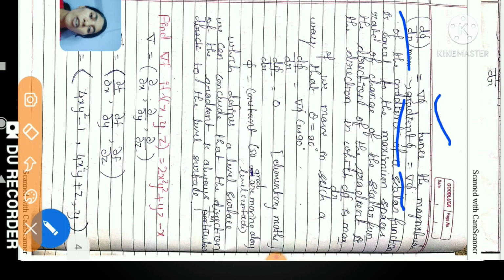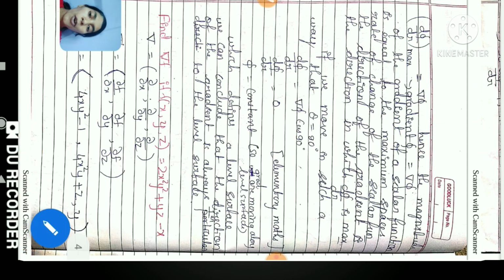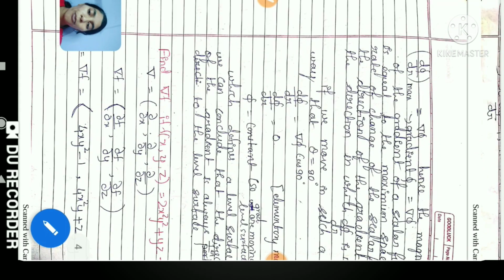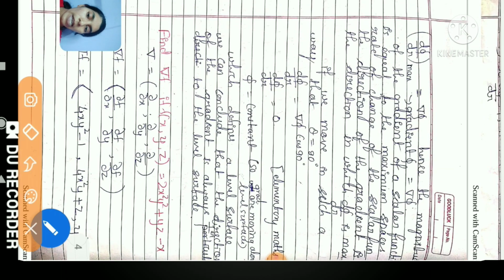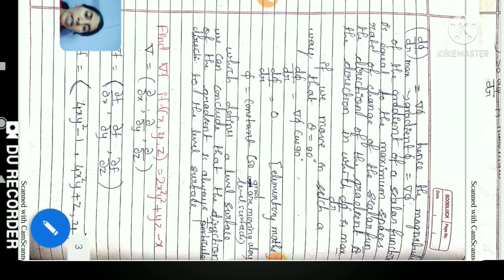The gradient of φ is equal to del of φ, which indicates that the magnitude of the gradient of the scalar function is equal to the maximum space rate of change of the scalar function, which indicates that the direction of the gradient is the direction in which dφ by dr is the maximum.